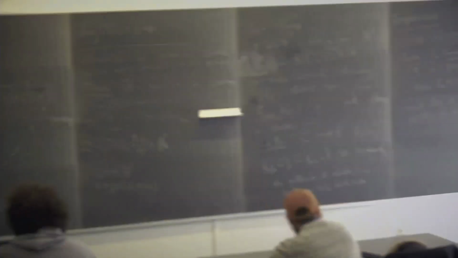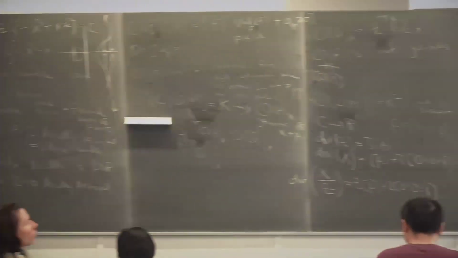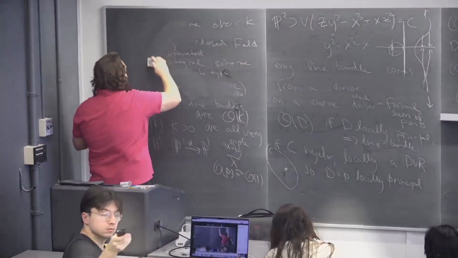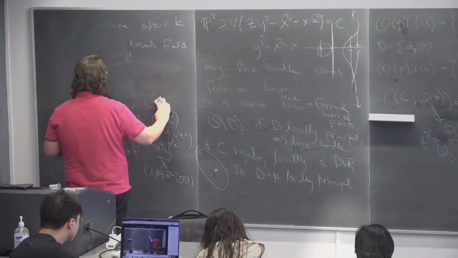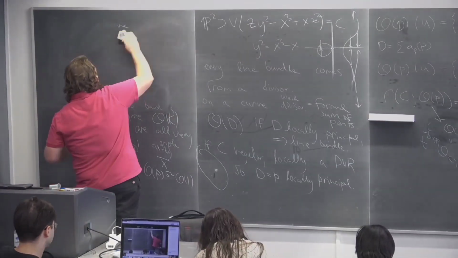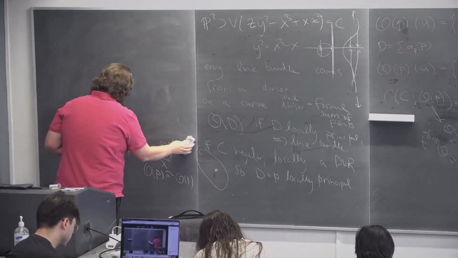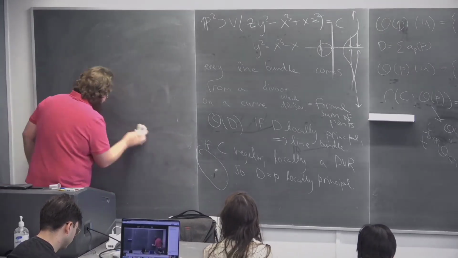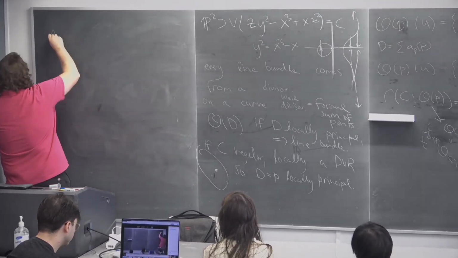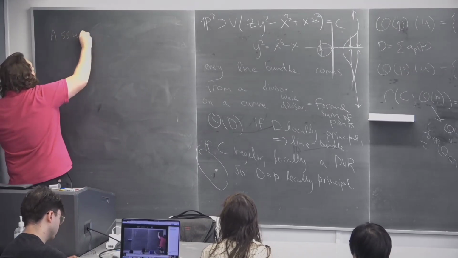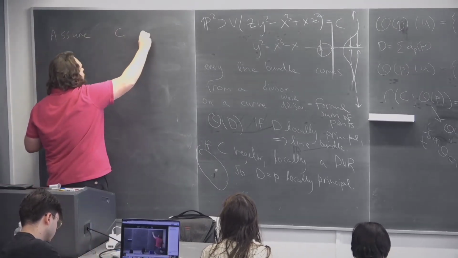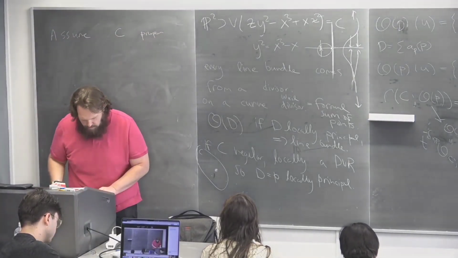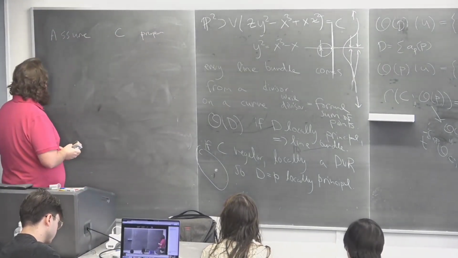So how does one prove that? Well, there are various ways of thinking about it. But of course, what we should be looking for is to try to prove that if we have a proper smooth curve, then it has an ample line bundle, or better yet, a very ample line bundle. So now assume C is proper. Oh, am I completely out of time? Ooh, yeah, completely out of time.